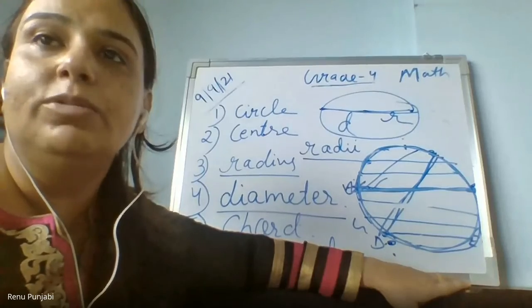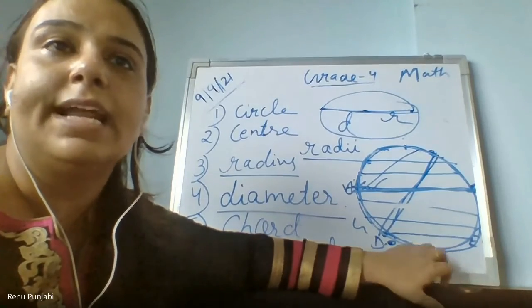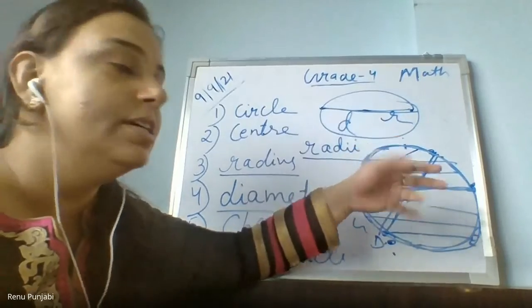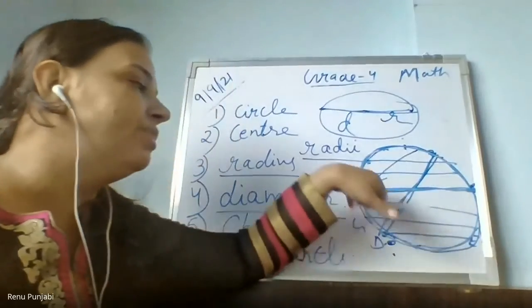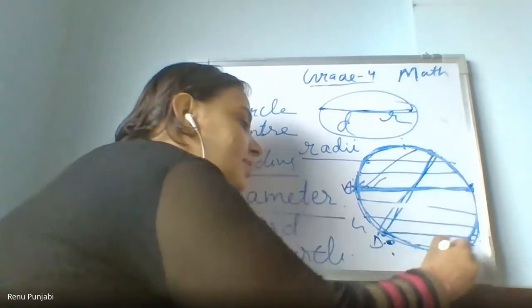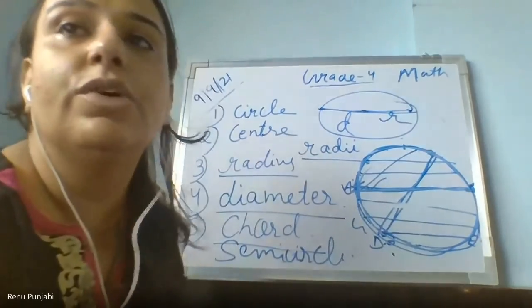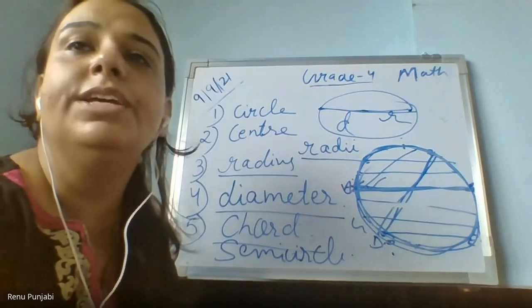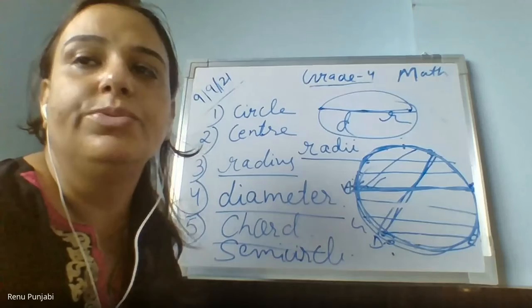You will learn about the perimeter of the square and rectangle in this grade, and about the circle you will learn in the higher grades. So the outer space of this circle is the circumference of a circle. Got it? The word boundary we can also use.